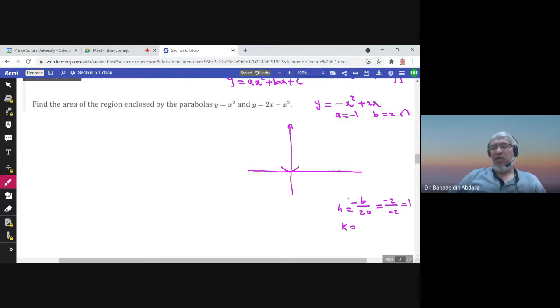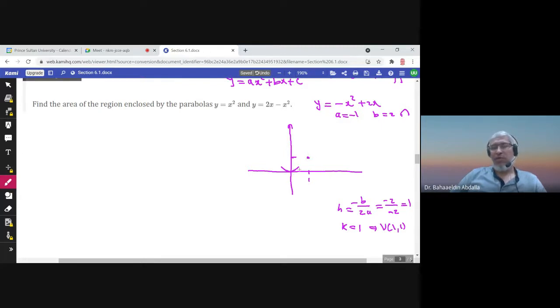To find k, we replace x by 1, so it's negative 1 plus 2, that's 1. So the vertex is 1, 1. So the vertex of this parabola is 1, 1, and it opens downward.